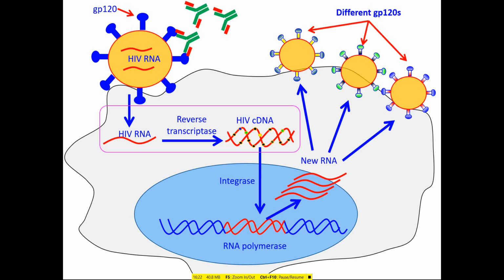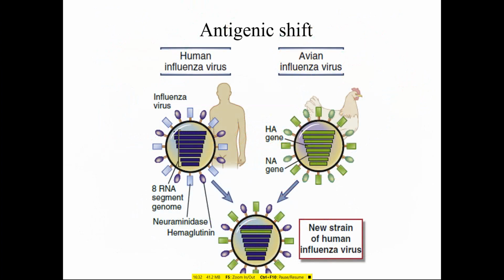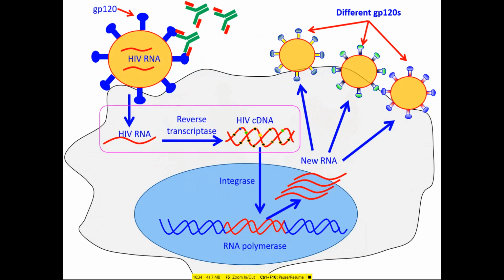These are different GP120s, and it keeps going on and on. Every time that a cell is infected, new GP120s are produced, and our antibodies cannot catch up with them. This process, people call point mutation. Some people also call it drift. Drift means a small change, okay?